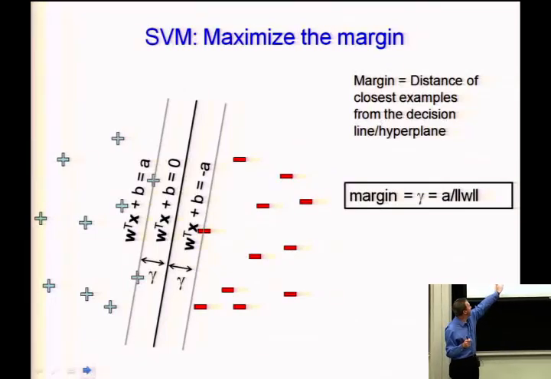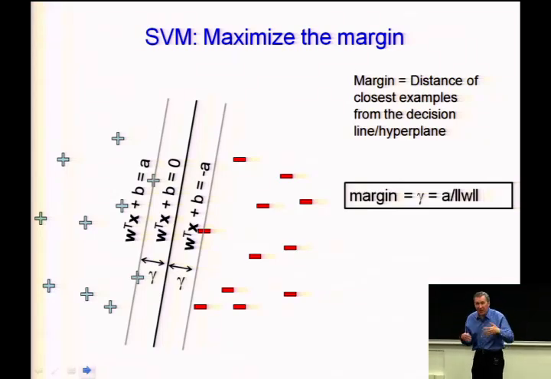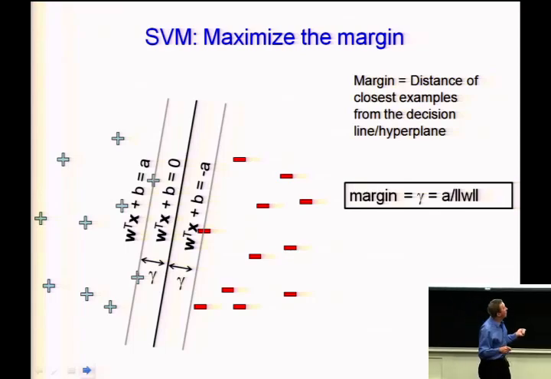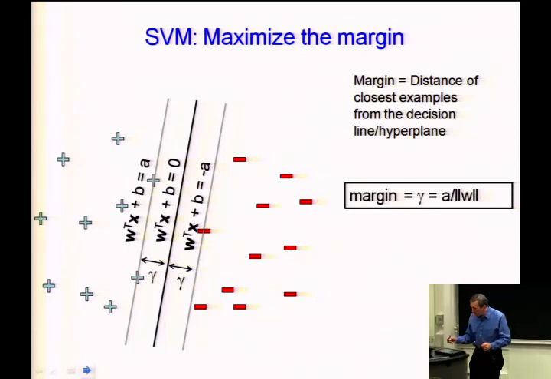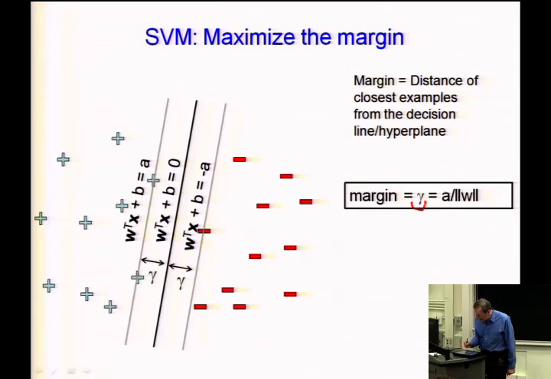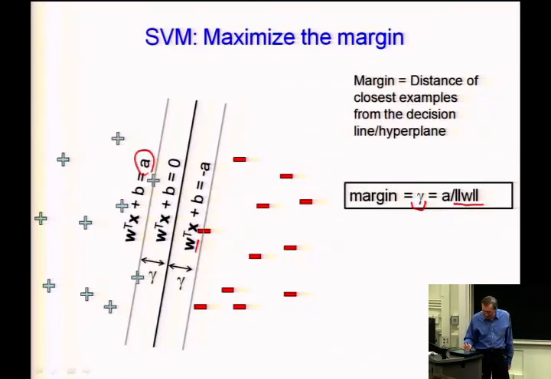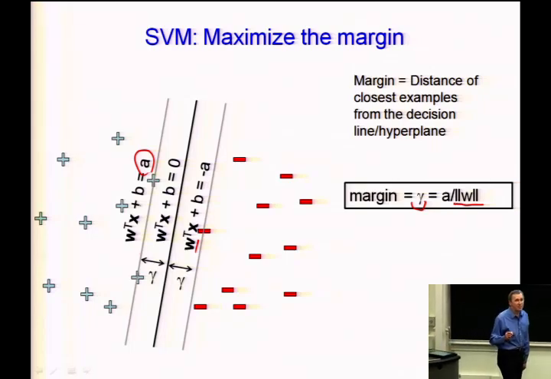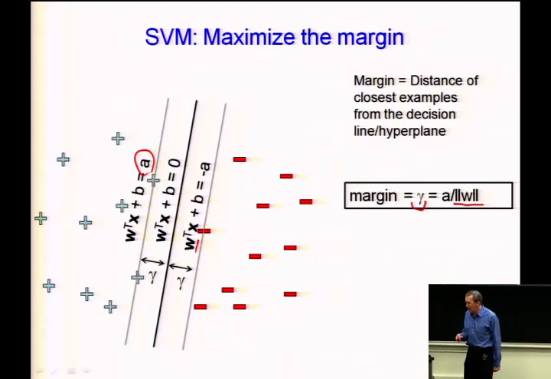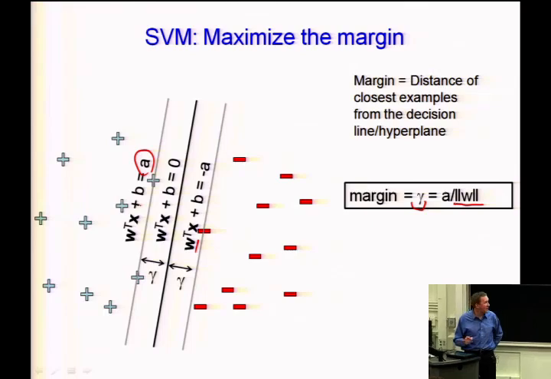The margin being the distance between the decision surface and the closest data points. And at the end of last class, we got to the point where we realized that we could express that margin in terms of the magnitude of the weight vector, W, and the value of the function at the nearest point. We derived that at the end of last class.